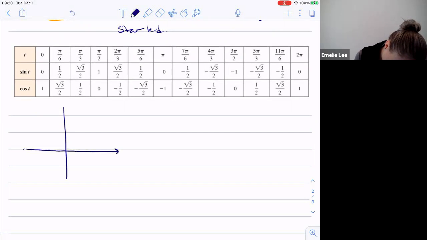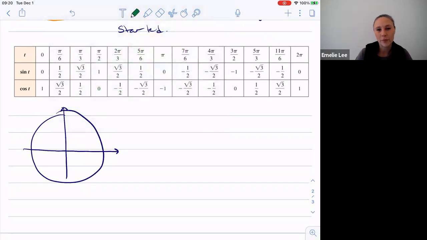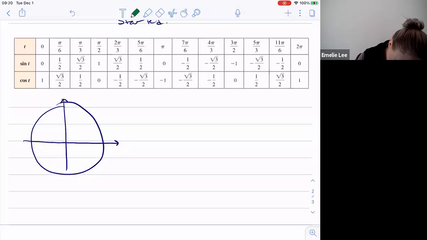Let's just refresh our memories on these points. Remember, you only need the first quadrant, and then you can just remember where x is positive and negative and where y is positive and negative. And then we replicate all these points in each of the quadrants.